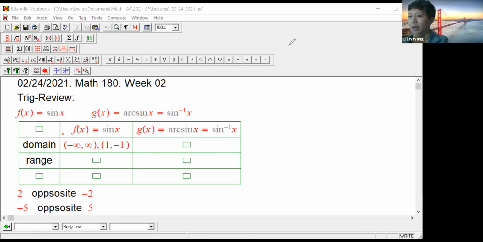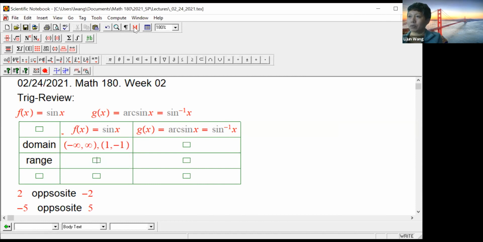Minimum, maximum for what? 1 and -1 is the minimum and maximum of sine of x. So you mean the range? Yeah.